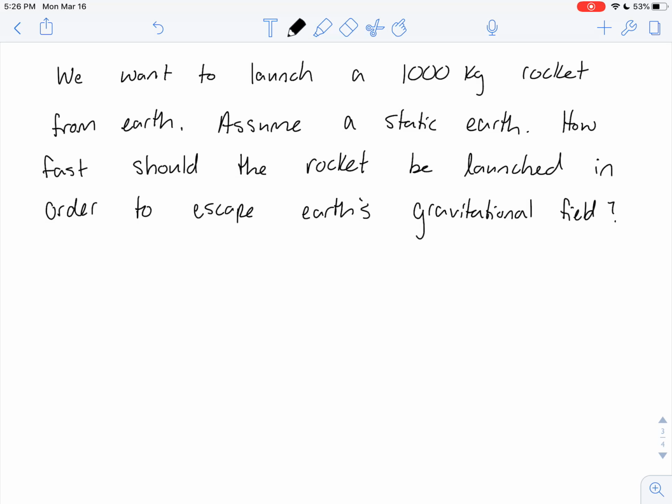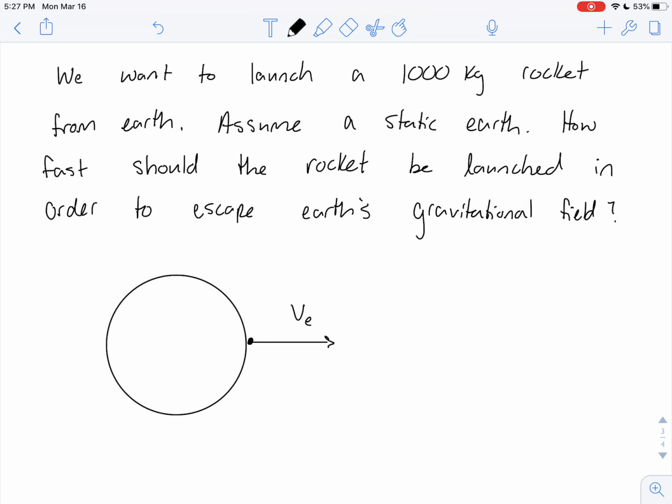That's the escape speed. And so we'll just draw a picture of Earth. And we're going to launch this rocket from the surface with some velocity, v escape, VE.